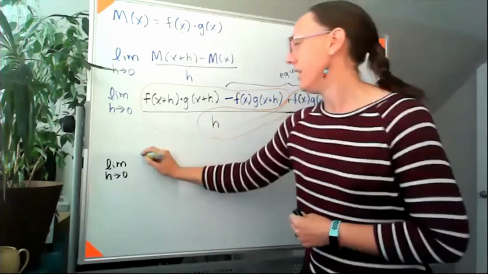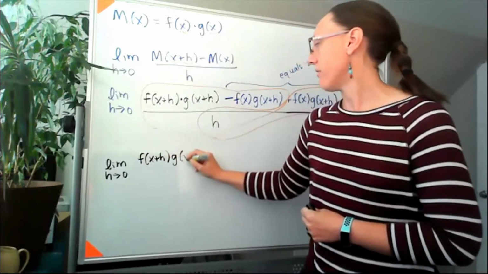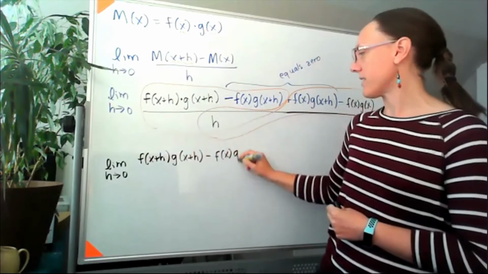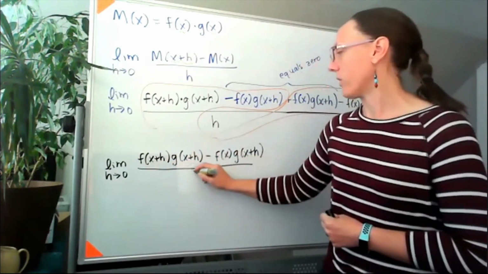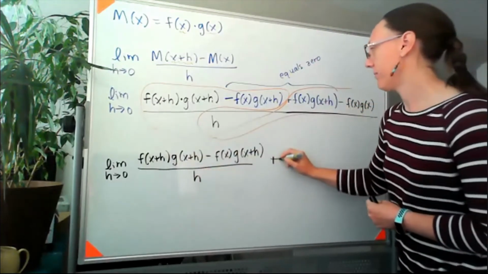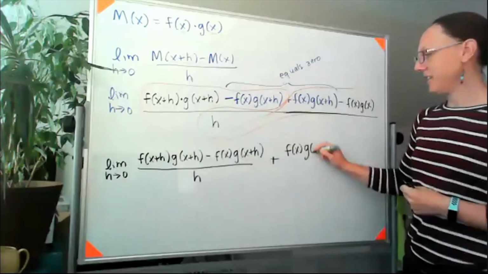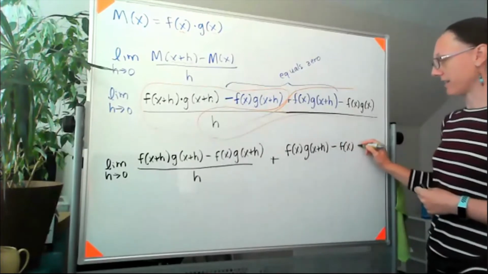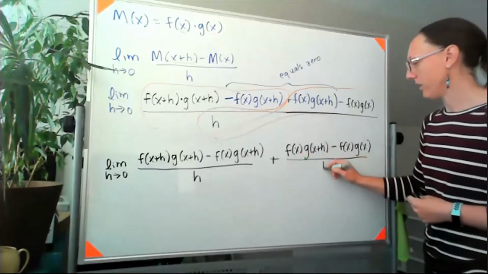Over here, we've got f of x plus h, g of x plus h, minus f of x, g of x plus h, all over h. And then separately over here, we've got f of x, g of x plus h, minus f of x, g of x, all over h.